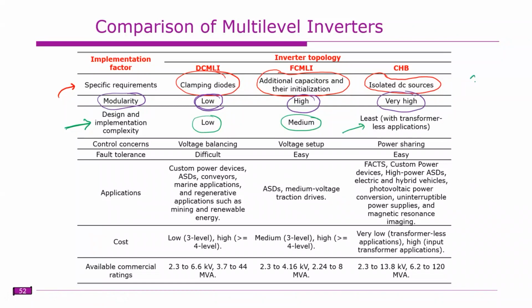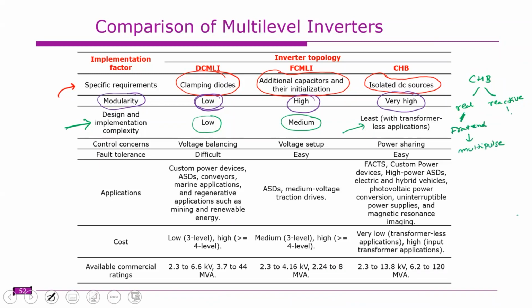In case of cascaded H-bridge, there are 2 possibilities. One is with real power transfer and another one is reactive power transfer. In case of real power transfer applications, additionally you require a front end, which is a multipulse rectifier.